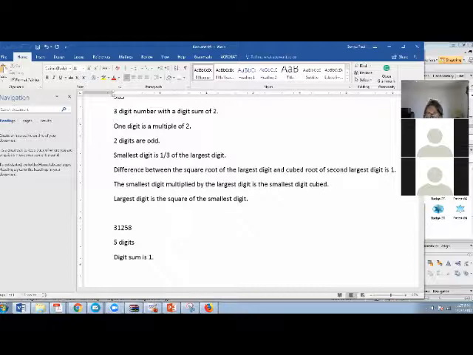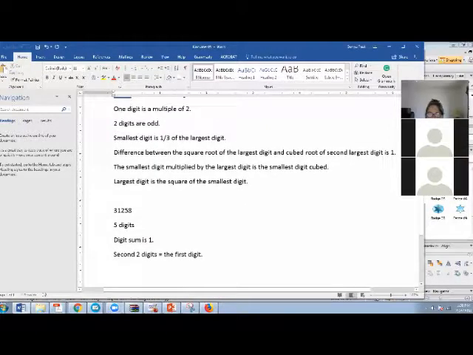Okay. So you would say the second 2 digits equal the first digit, the largest. Then you can also say the second largest, third largest and fourth largest added together equal the largest.